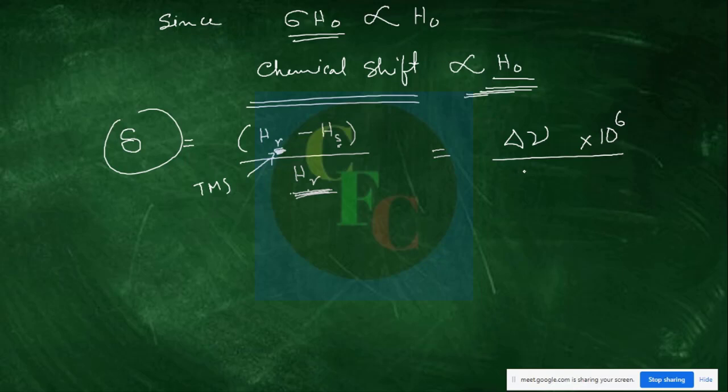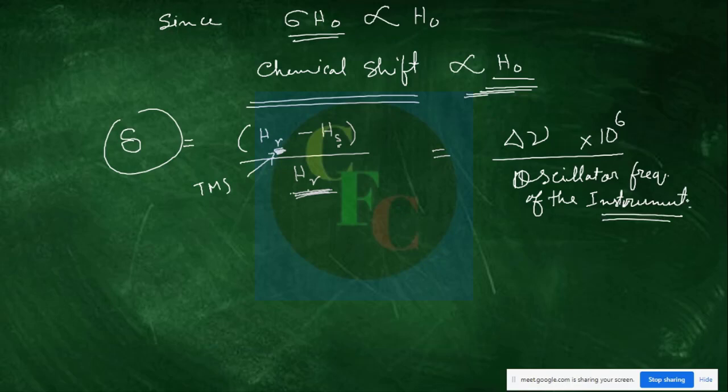Why 10 to the power 6? I will just explain. It is divided by the oscillating frequency of the instrument. If you put this in megahertz, then you need not put 10 to the power 6, but if you put this in hertz, then you have to put 10 to the power 6.